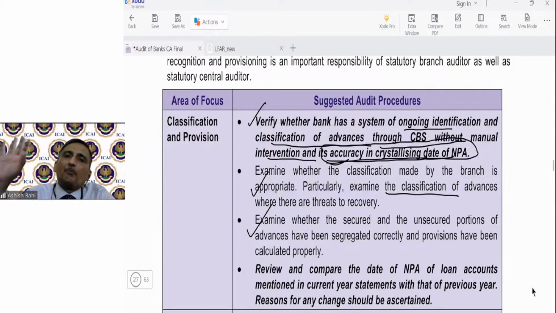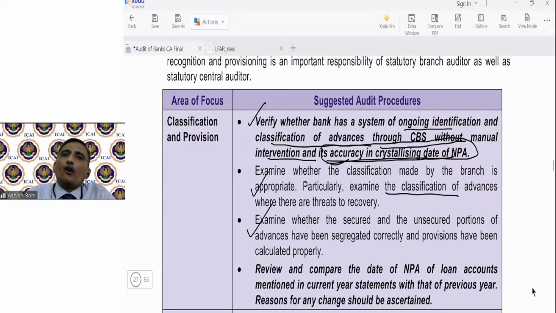Say if a company had availed a facility of rupees 1 crore and the account turned NPA. The account was first classified as a substandard asset and then as a doubtful asset.